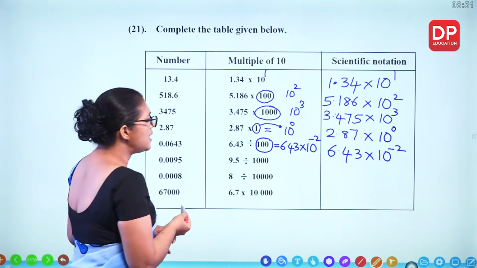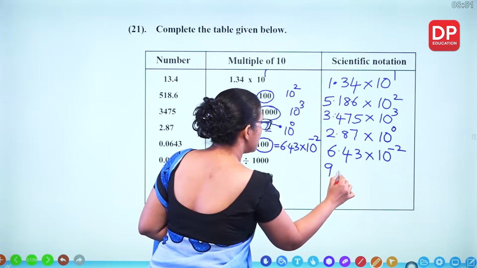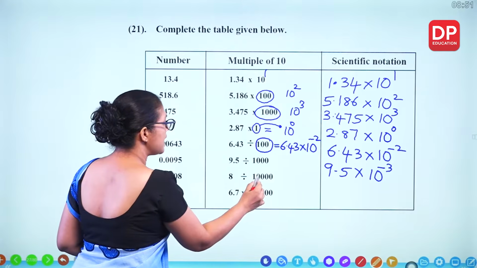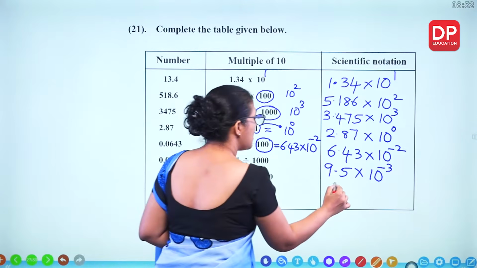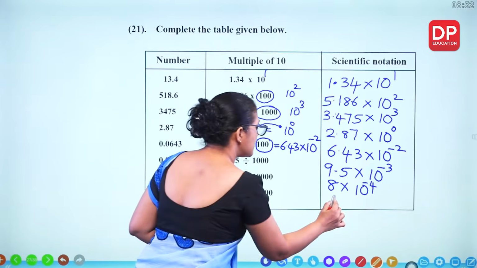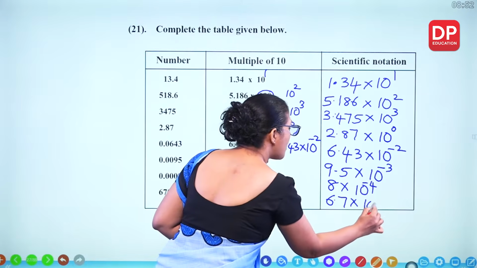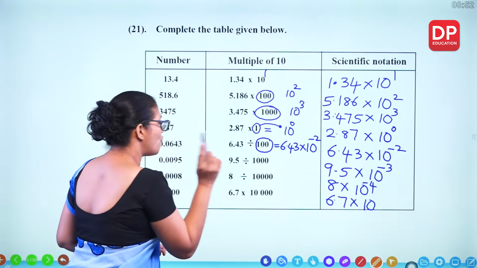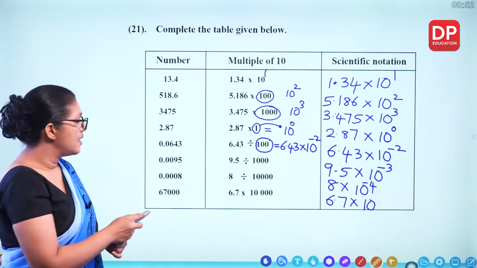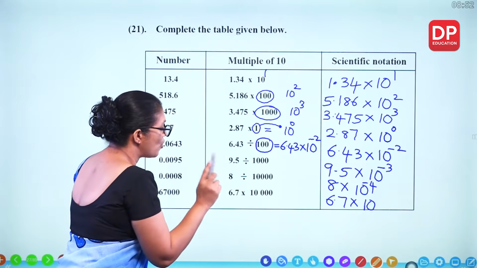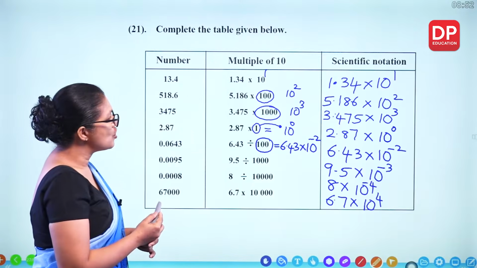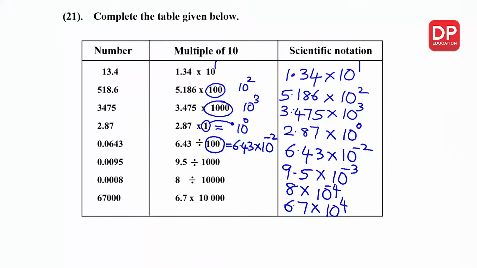Divide by 1000 means multiplied by 10 to the power minus 3. Divide by 10,000 means 4 zeros are there, 10 to the power minus 4. Then 6.7 times 10 to the power. What's the number? 1, 2, 3, 4. 4 places. This is multiplication. Multiplication means you get a large number, you get positive power. Power 4, positive power 4. Division, you get negative powers.